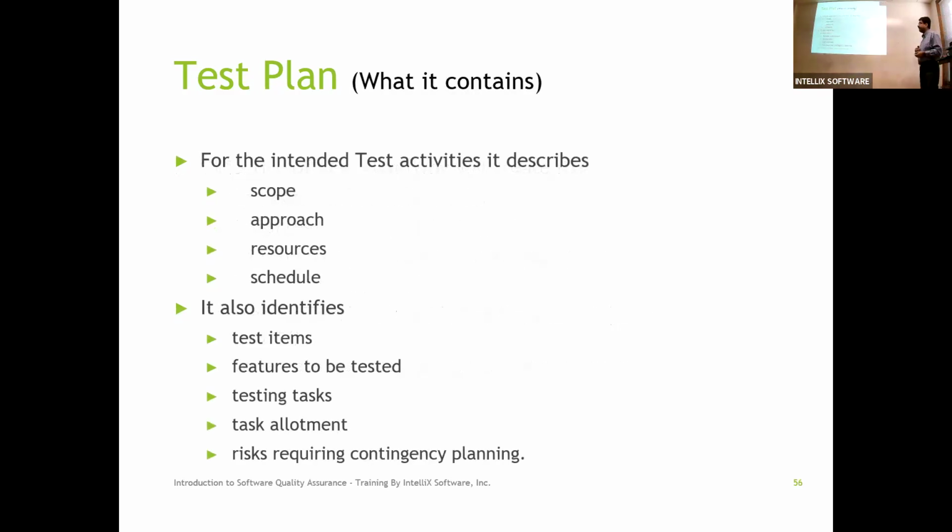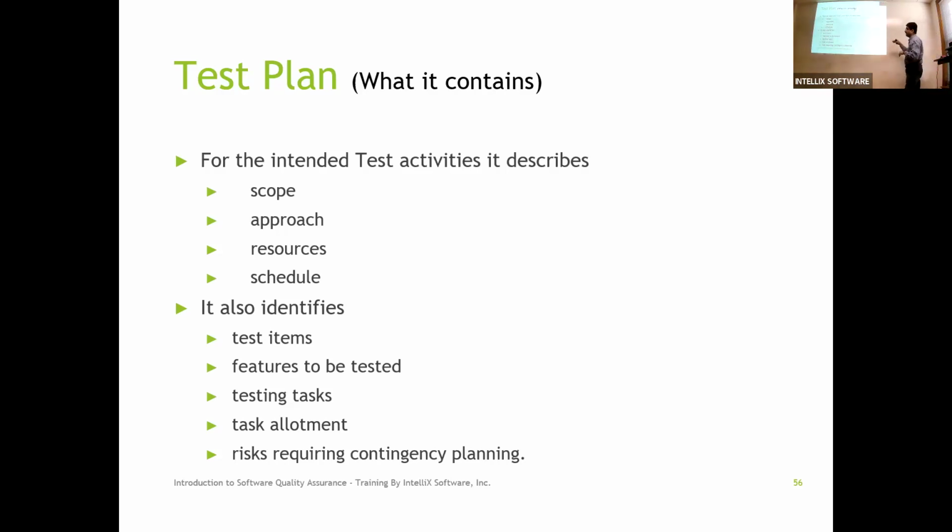So what does it contain? It talks about the scope. We saw the functional and non-functional requirements, so it may say the scope for this particular test is just the functional testing. Or it may say it's both functional and non-functional testing, but it may not include load and performance.